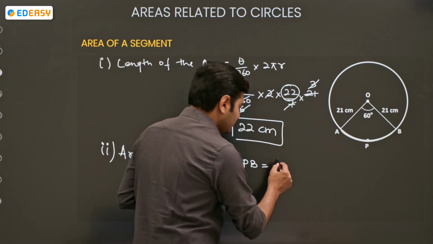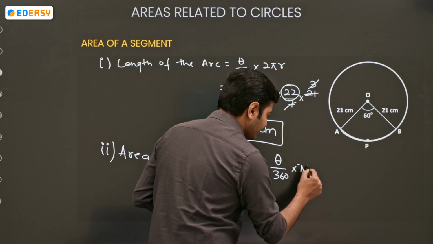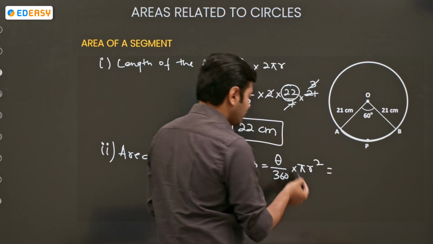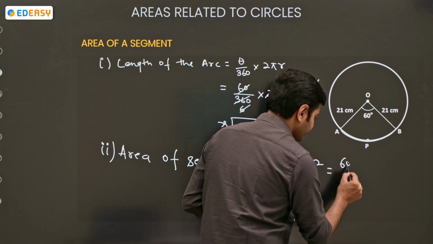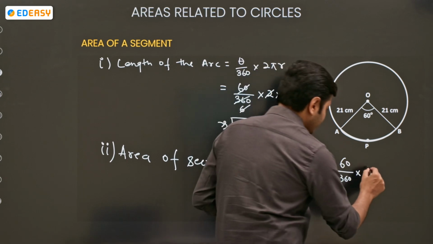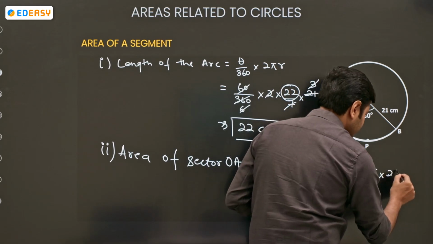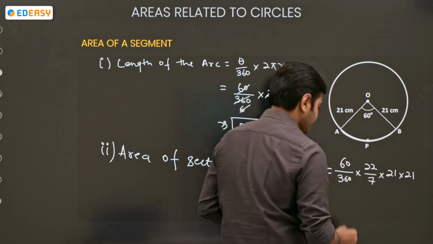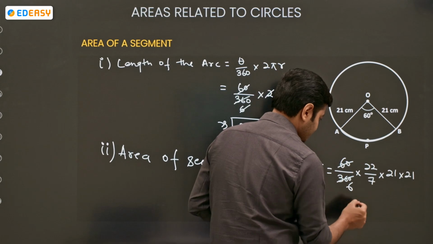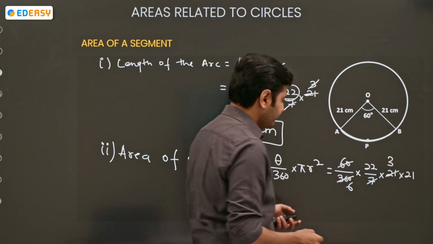Now, same formula we are applying, theta by 360 into pi r square. Values are known to us, theta is 60 by 360 into pi 22 by 7, r square means 21 into 21. Now, this is divisible by 6, this by 3.